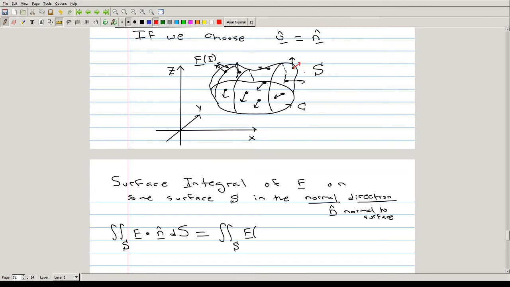The normal vector here looks like this. The normal vector here looks like this. Like this. And so on and so forth.